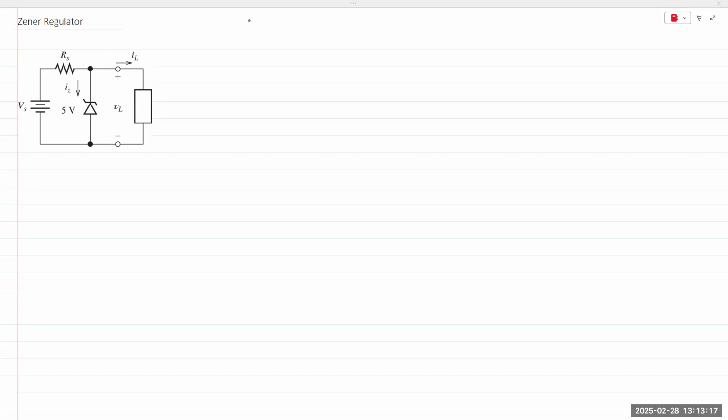All right. So we are given that this is an ideal Zener diode with a value of 5 volts. VZ is 5 volts.